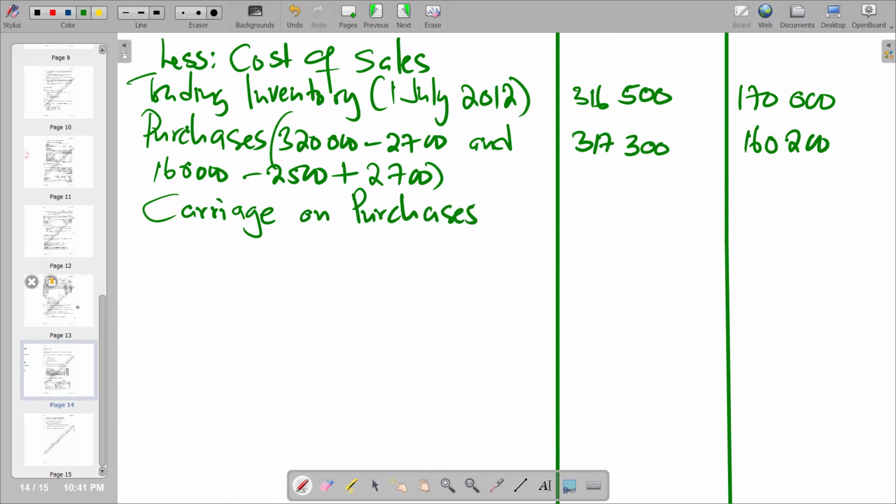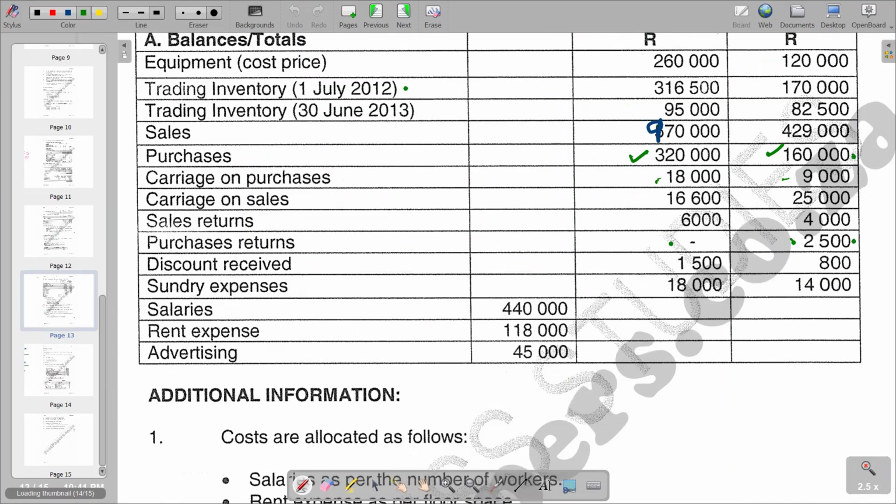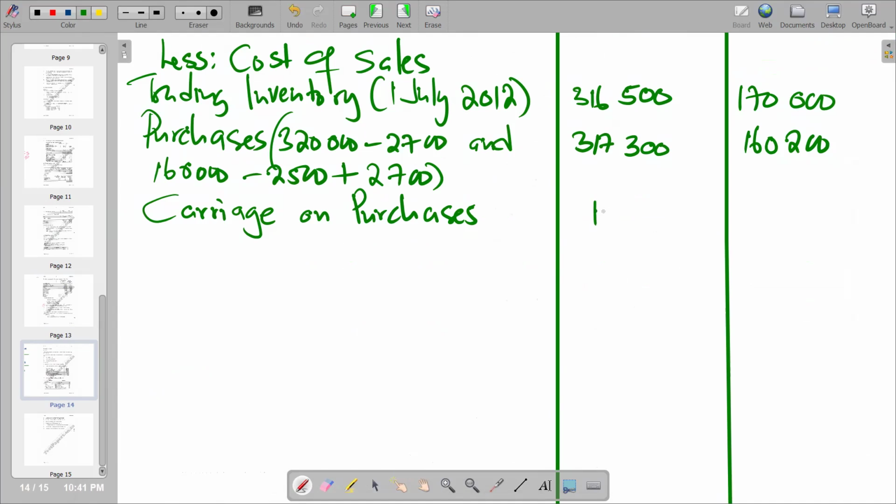Remember the figures that we have got, 18,000 and 9,000.